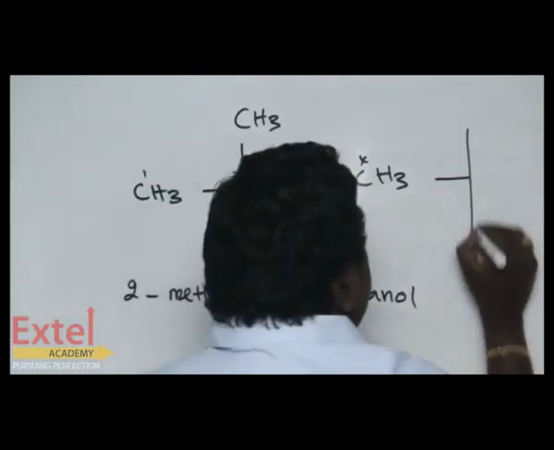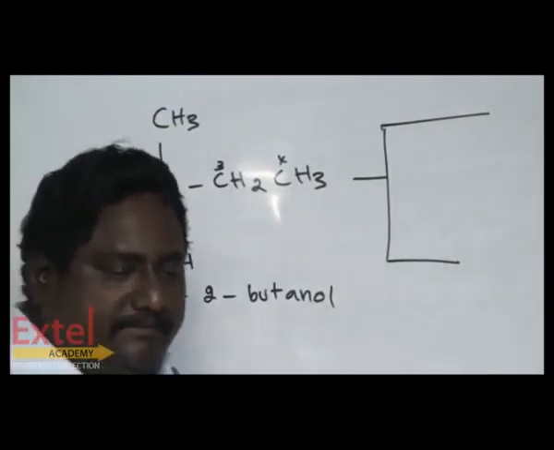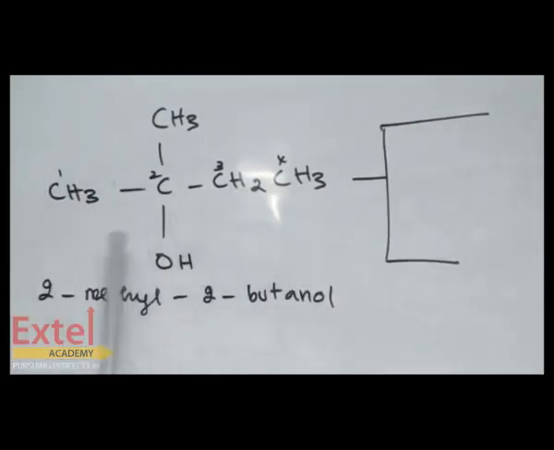When it is treated, you are getting two products. The OH and H are removed easily. Now look here, there are two possibilities. It is the dehydration reaction. OH and H will be removed. This OH and this H will be removed, one possibility. Another possibility, this OH and this H can be removed.